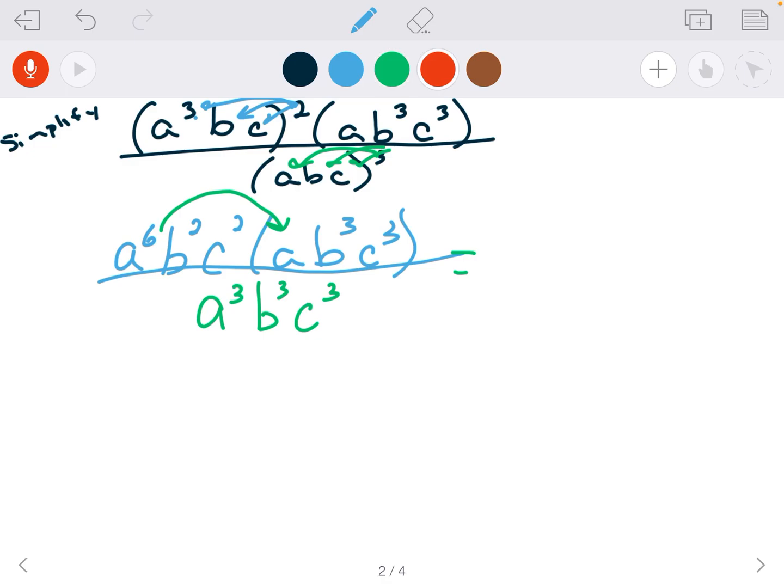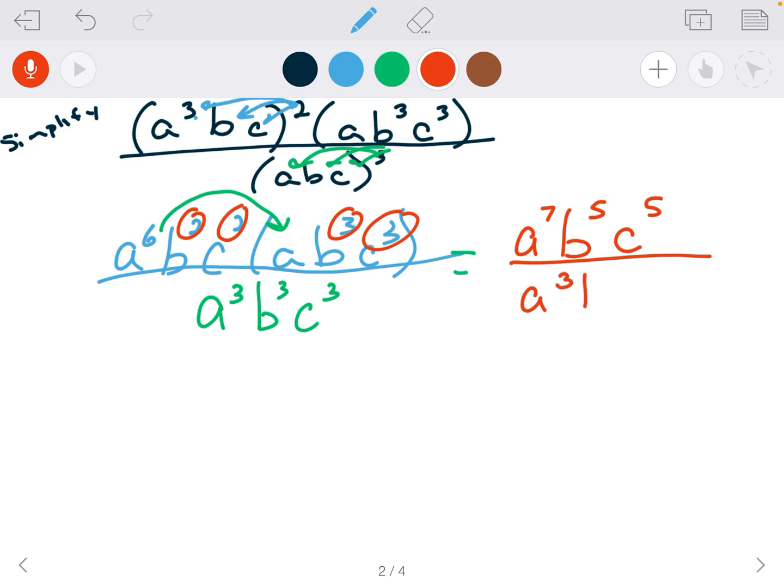So I'm going to do a to the 6th times a, which would give me a to the 7th. Remember, when it's not an exponent, I add them. And then b squared times b to the 3rd would give me b to the 5th. And then c squared times c to the 3rd will give me c to the 5th. And I'm going to bring over my a cubed, b cubed, c cubed.